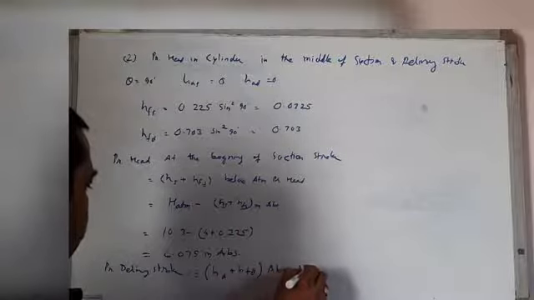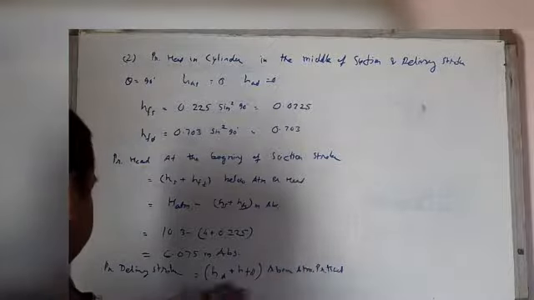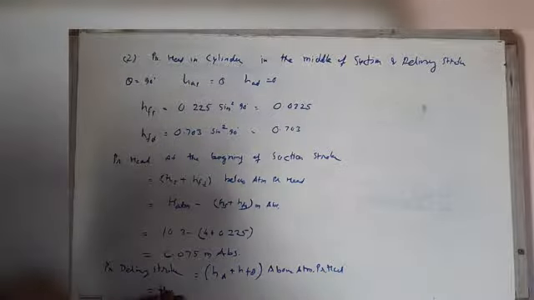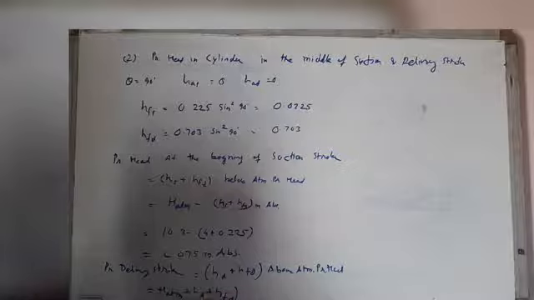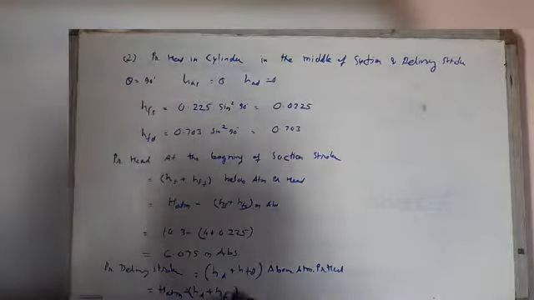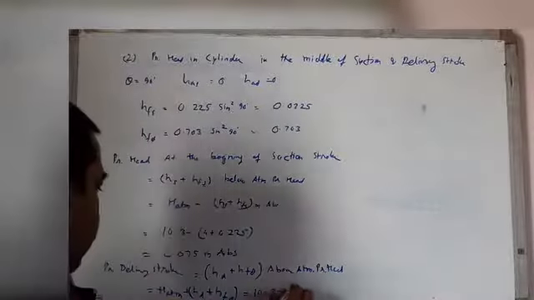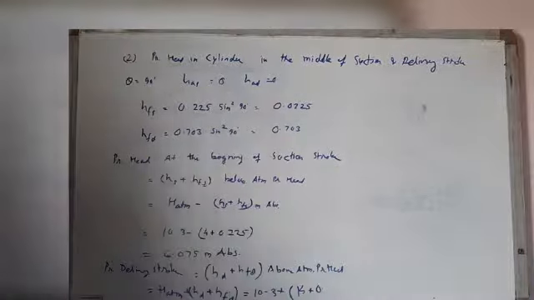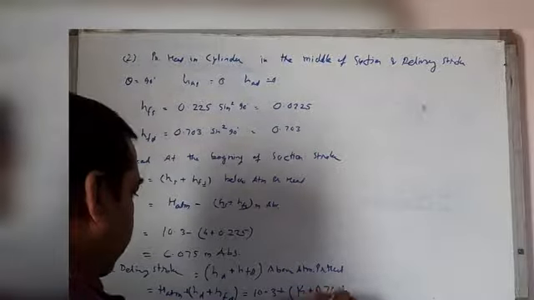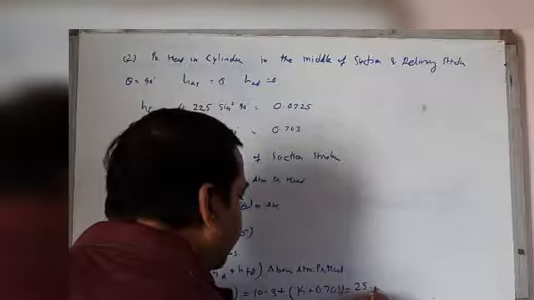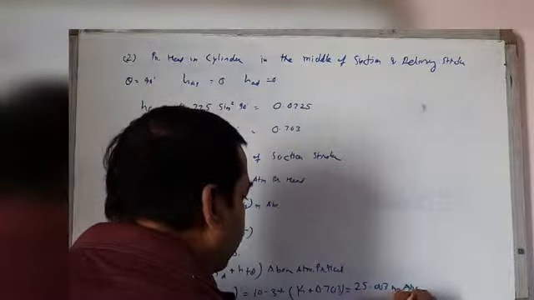So this is H atmospheric plus HD plus HFD, that is equal to 10.3 plus 14 plus 0.703 equal to 25.003 meter absolute.